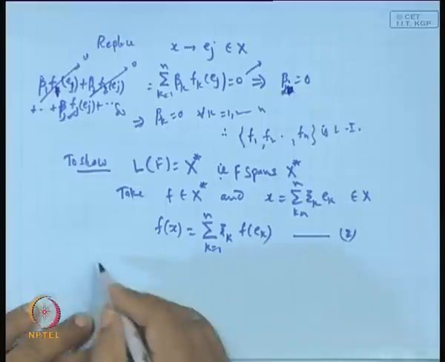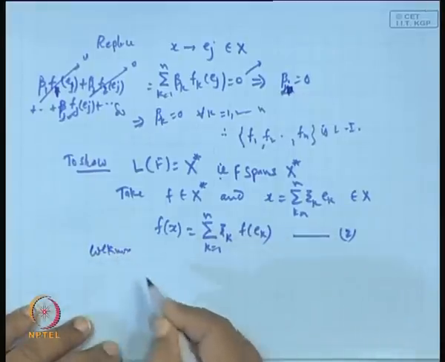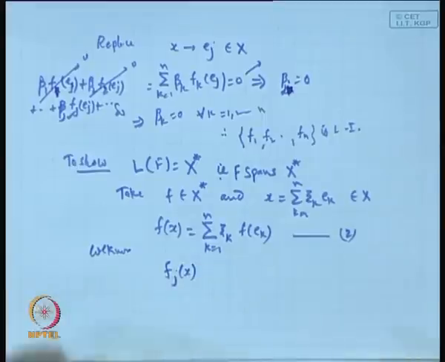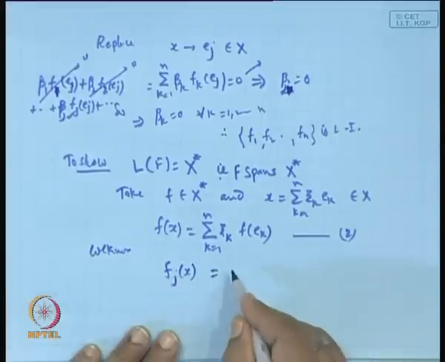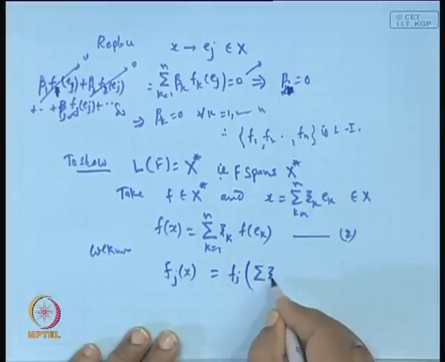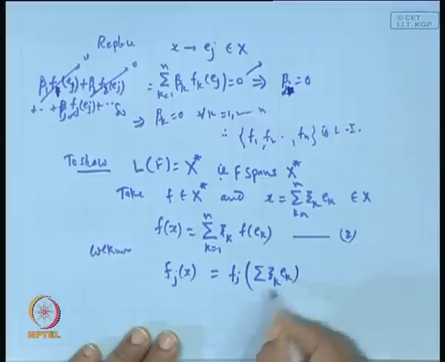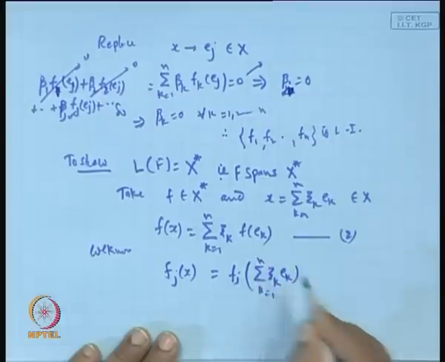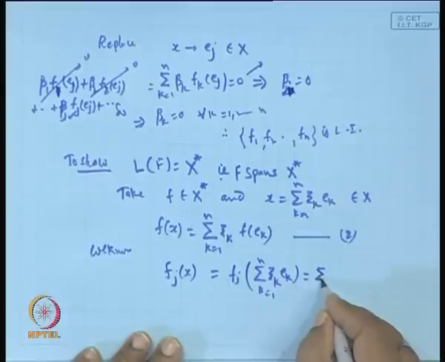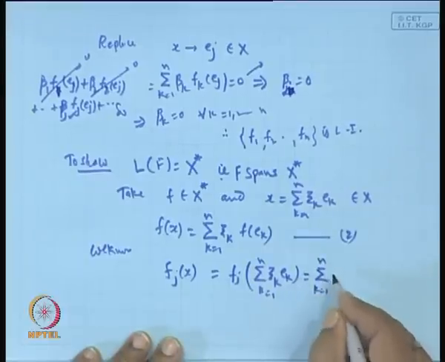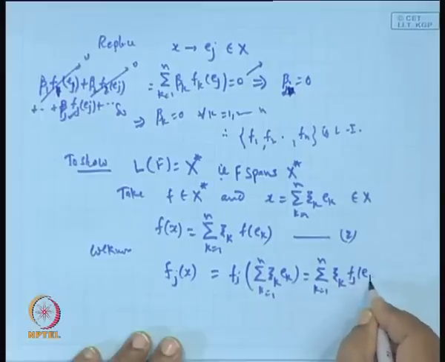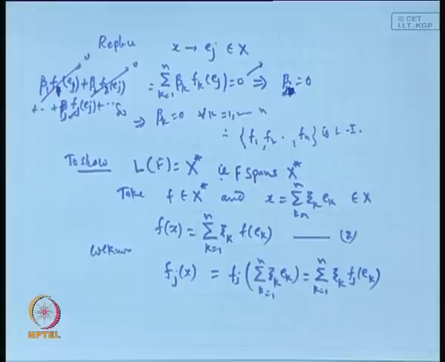Okay. Now, we know that f j x, what is f j x? f j sigma xi k e k, k equal to 1 to n, which is equal to sigma k equal to 1 to n xi k f j e k, because f is linear.